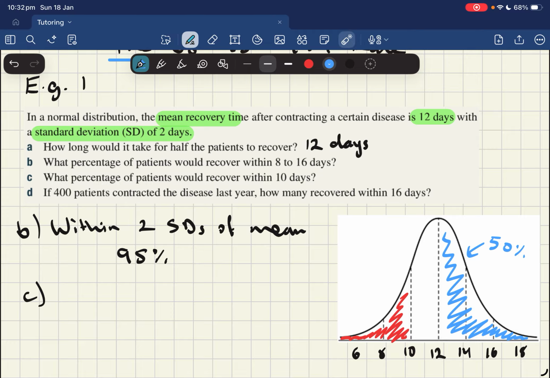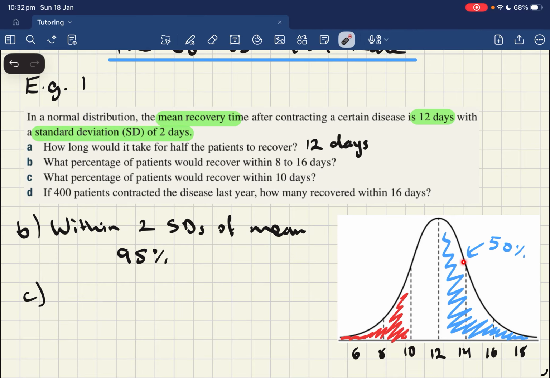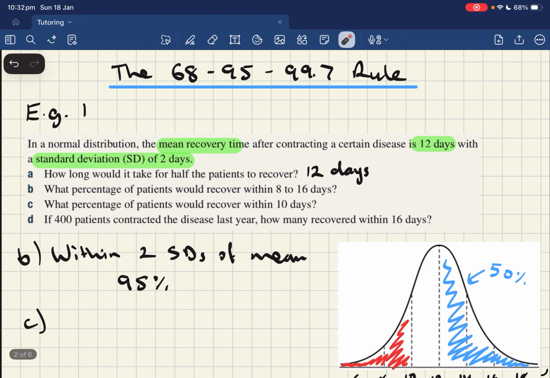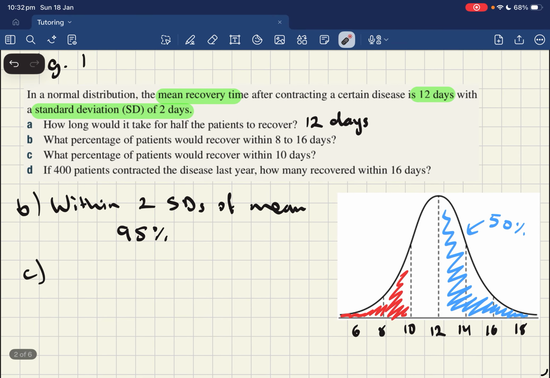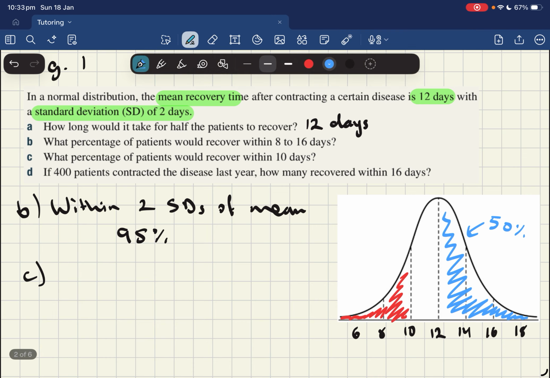And these middle ones, within 1 standard deviation, this whole thing here is 68%. So just one of these will be half of that, which is going to be 34.